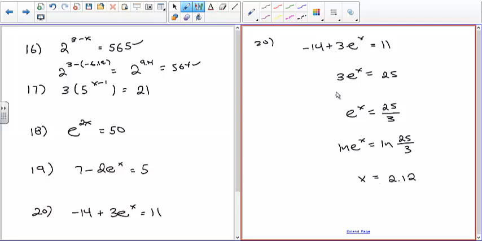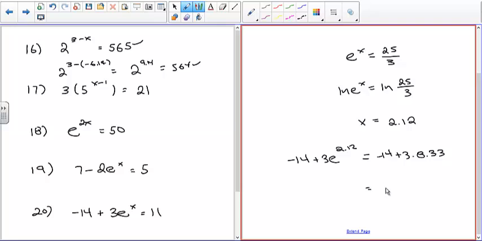And again, if I stick that in, negative 14 plus 3e to the 2.12 power. So that's negative 14 plus 3 times e to the 2.12 power, so that's 3 times 8.33.